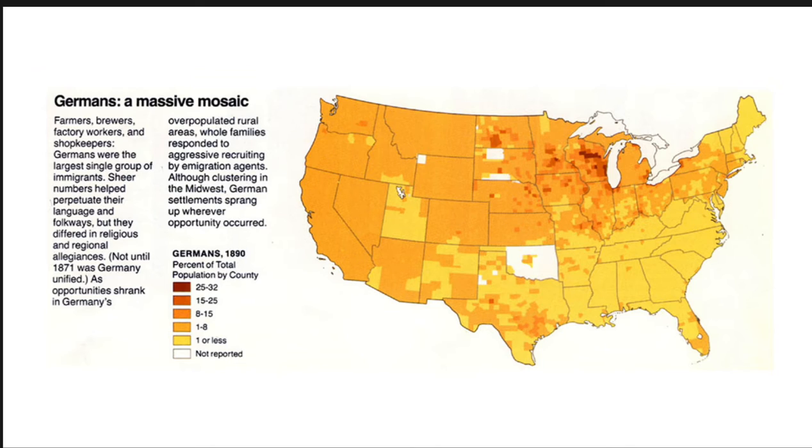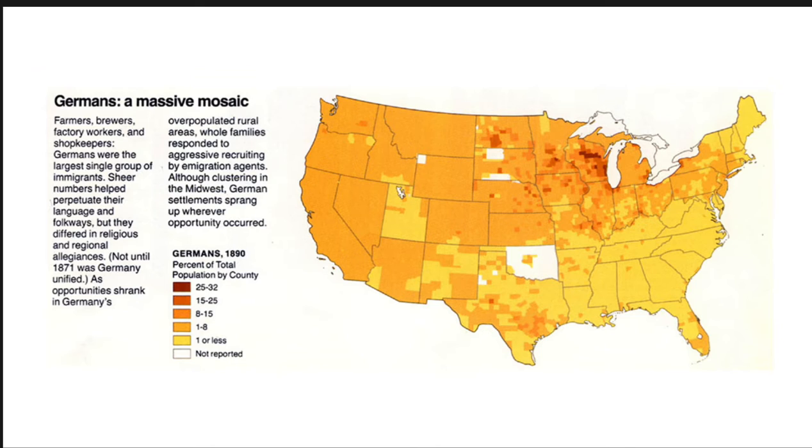Most of them were just uprooted farmers who had crop failures or other hardships. Some were a very tiny sprinkling of political refugees who were saddened by the fall of democracy in Germany, and so they left. But that's a very, very small number.